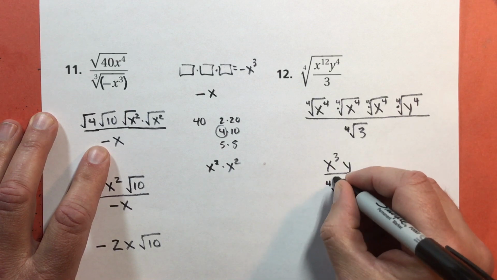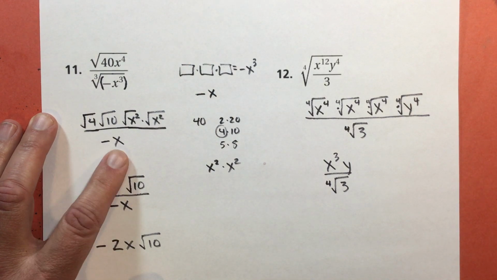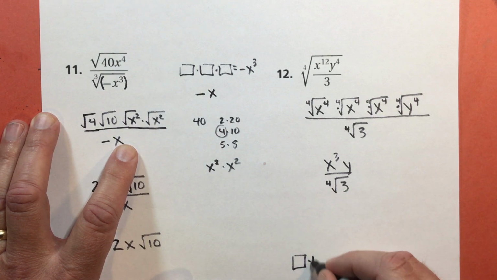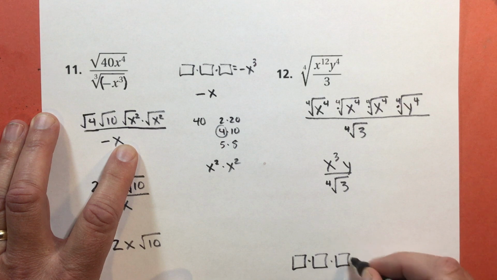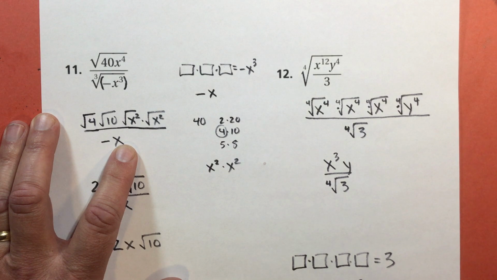The 4th root of 3, I don't know, but it's irrational, so I need to rationalize it. So again, think of it this way. Whatever the 4th root of 3 is, if I multiply it by itself 4 times, I end up with 3. Something times something times something times something equals 3. That's what I'm looking for. And you can probably tell this isn't going to be an easy number to think about.